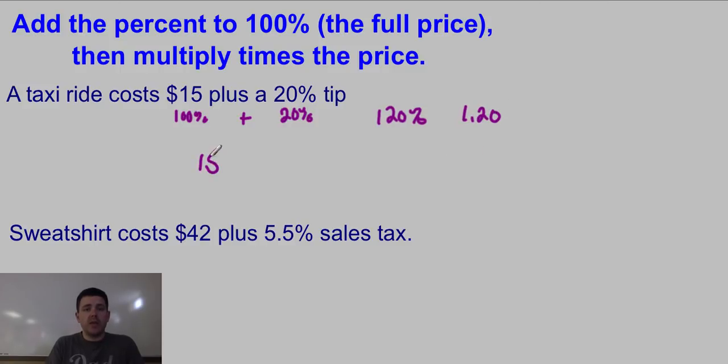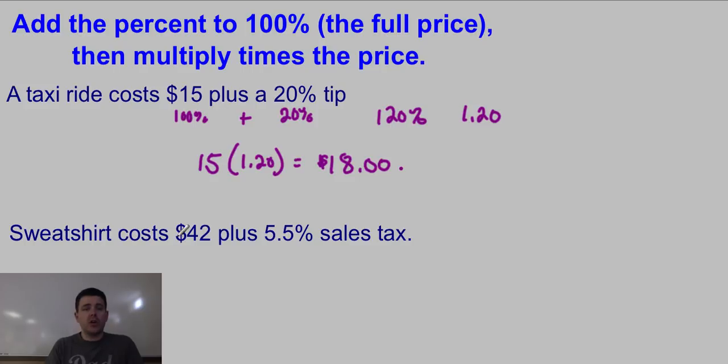Let's multiply that times 15. So 15 times 1.20. The 1 is your 100%. The 20 is your 20%. 15 times 1.20 gives us an even price of $18. Well, we're all done. One calculation in the calculator, everything's done at the same time.